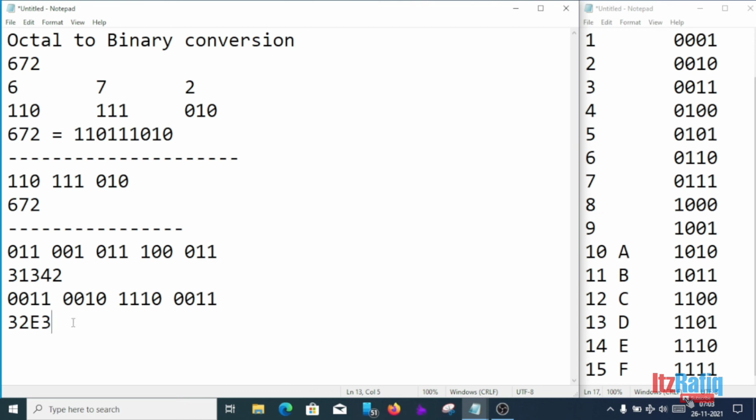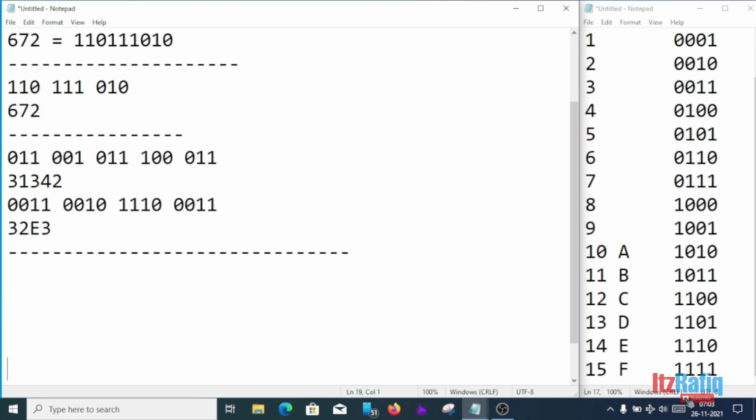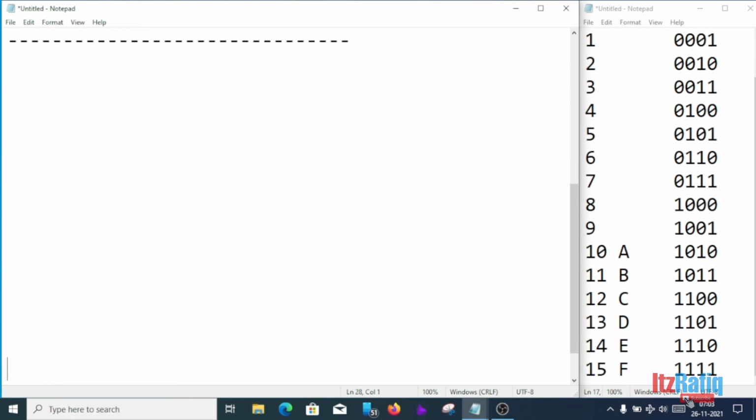Now how can we convert a hexadecimal number into binary? Let's see. Suppose we have this hexadecimal number A45E. We have to convert this hexadecimal number into binary.